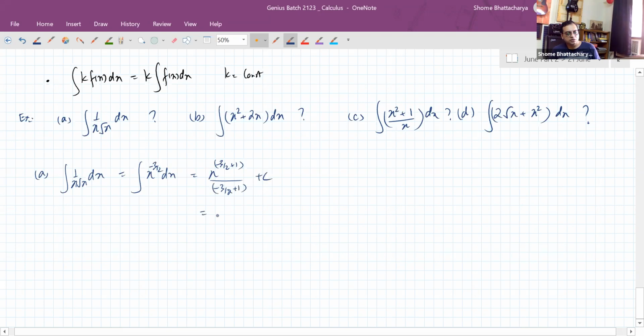So as you can see, it will become minus 2 x to the power minus half plus c. We can also write it as minus 2 by root x plus c. So this is the integration of this.